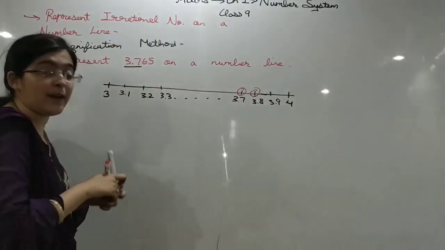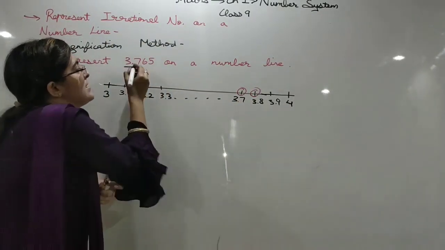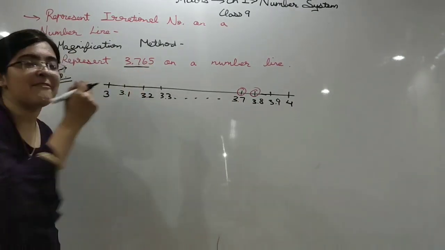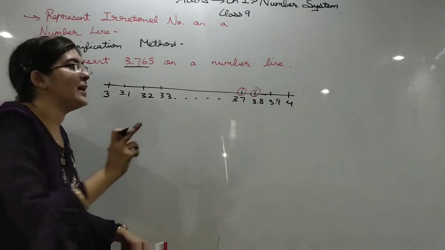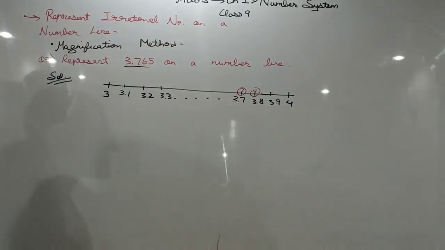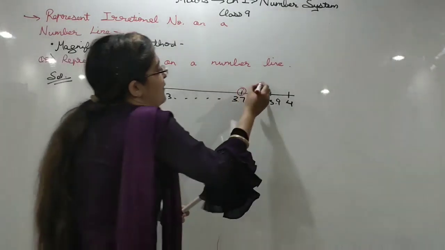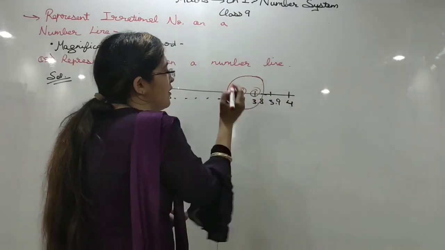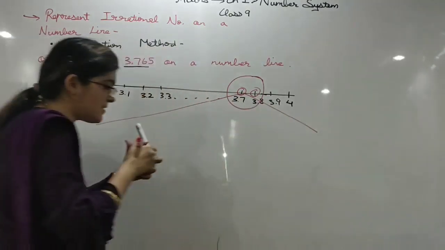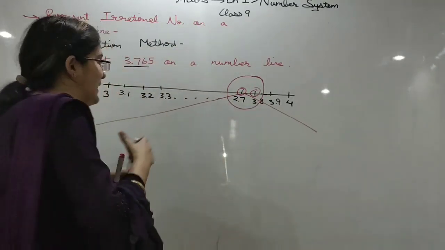This is 3.76. If we see two digits, it will lie between 3.7 and 3.8. So we will magnify it. Magnify means to see it closely.